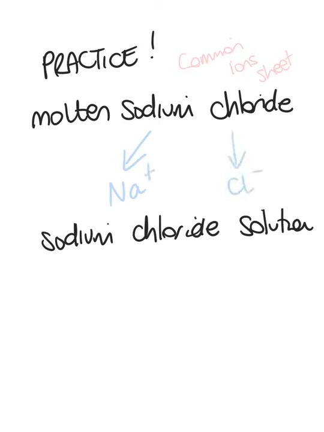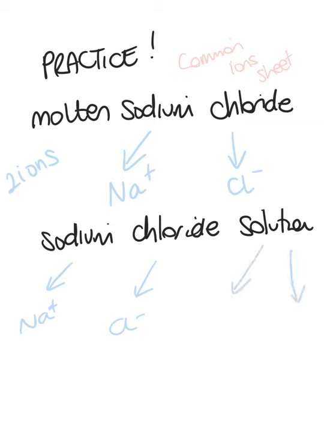I've said that you should practice that using your common ion sheet. That's fine for sodium chloride when it's molten, because there's two ions, nice and easy. When you get to a solution, not only do you have the two from sodium chloride in this example, you have also got two ions from the solution part.